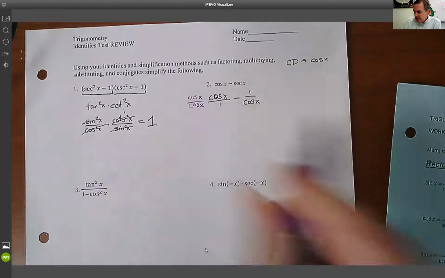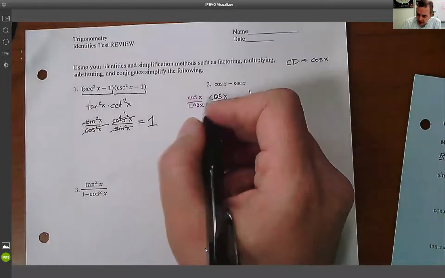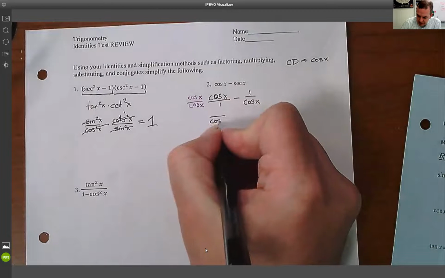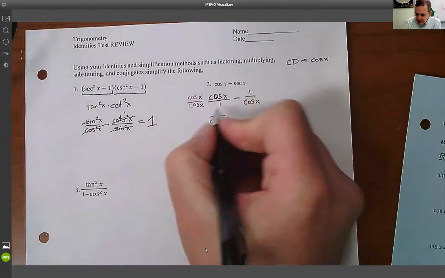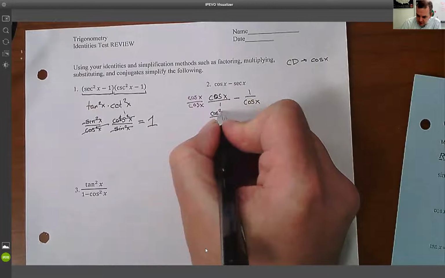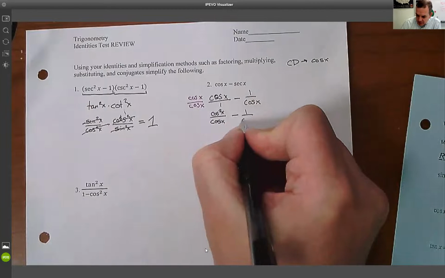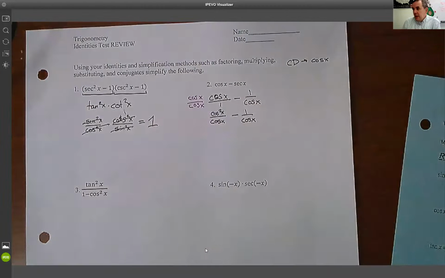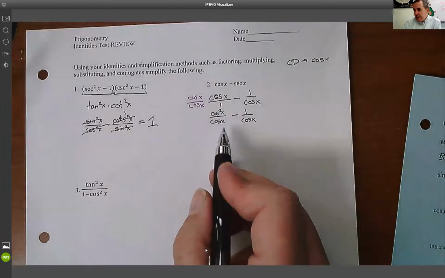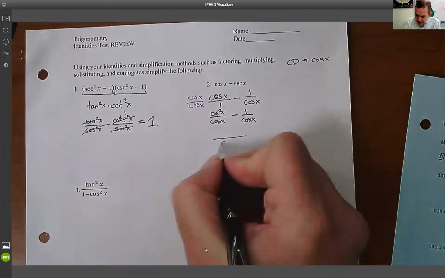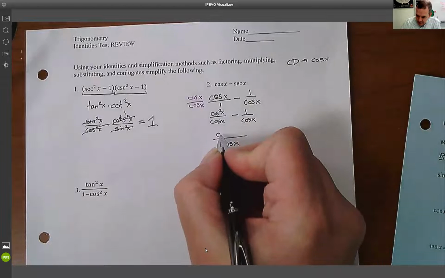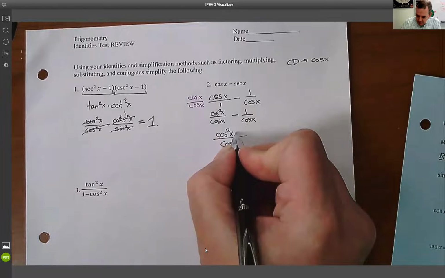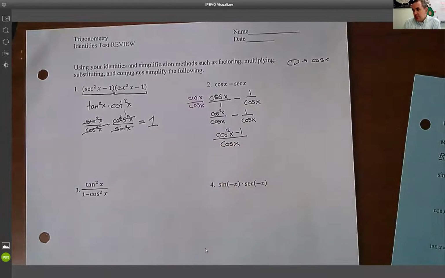So cosine x times 1 gives me cosine x in the denominator, and cosine x times cosine x gives me cosine squared x minus 1 over cosine x. Now that I have a common denominator, I can put them back together: cosine squared x minus 1 up top.